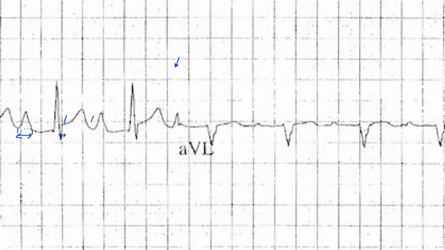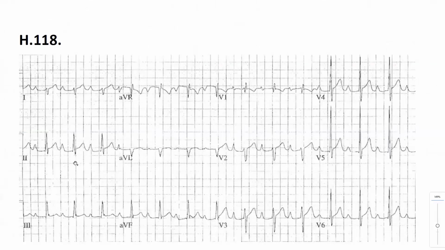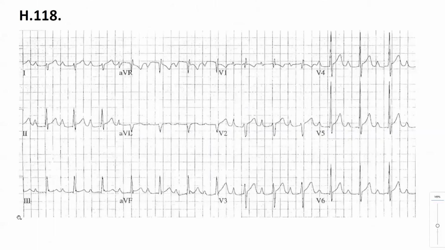Exactly. Now, you said so far that we do have a tall and wide P wave. So we said this is one, this is the second one, and this is what we have here.